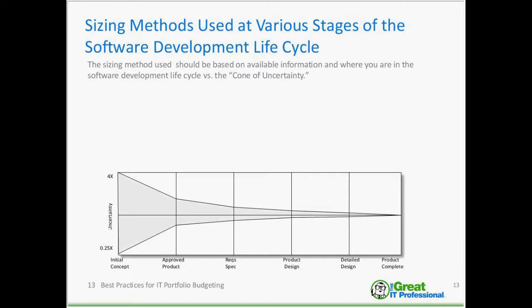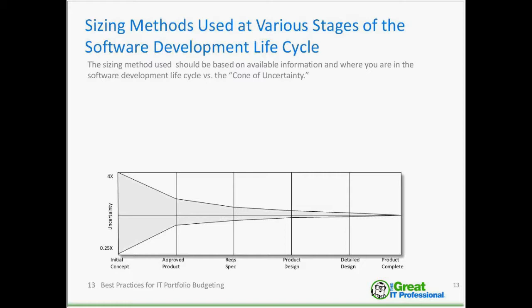The metrics that we use to define scope change as a function of time. Everybody's fairly familiar with the cone of uncertainty, which talks about how much uncertainty there is at different points in the life cycle and how it affects our ability to predict final outcomes. Early on, we're using fairly high-level size metrics.